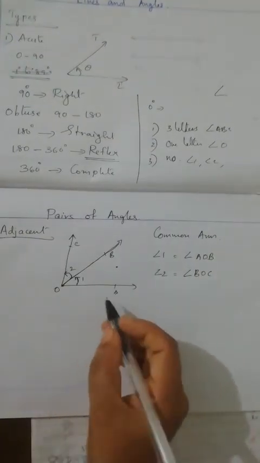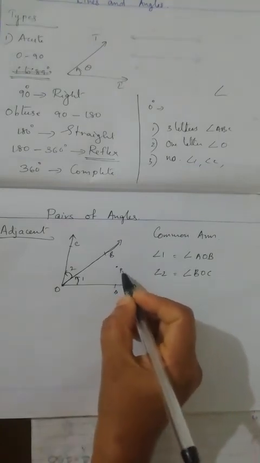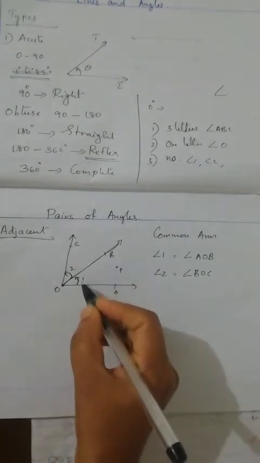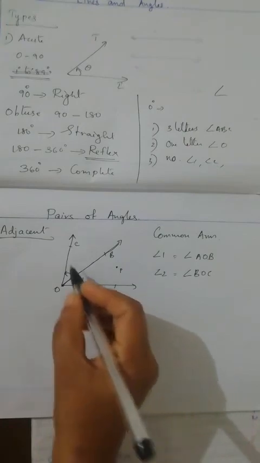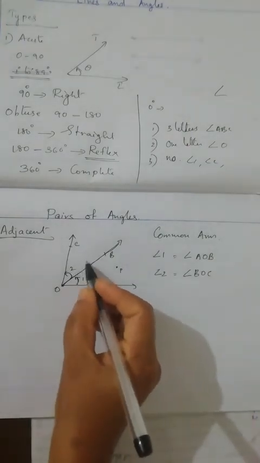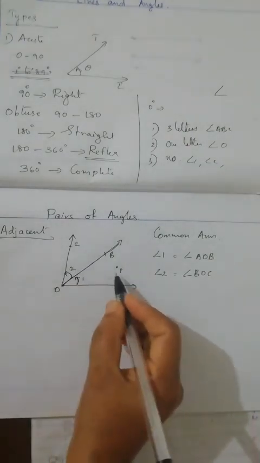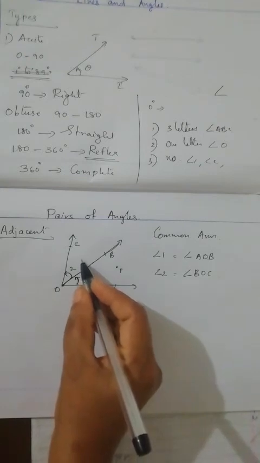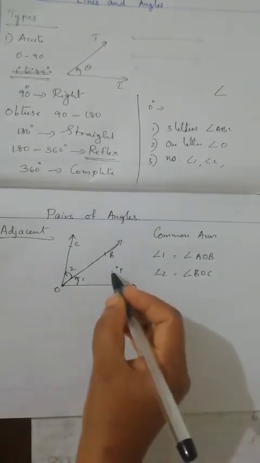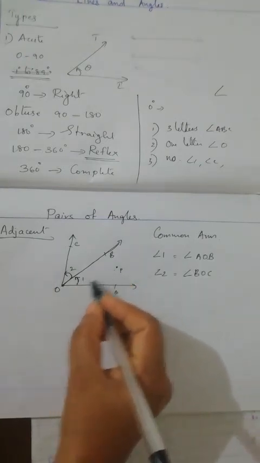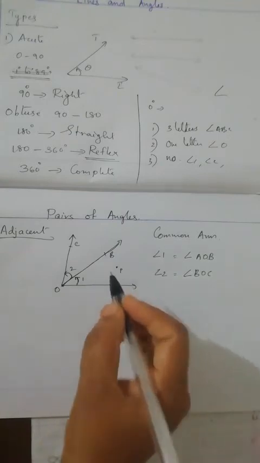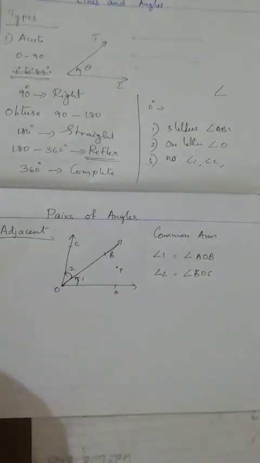Here I am taking a point P. P is in the interior of angle 1, but angle 2 is outside of it. So P is not inside angle 2; it is only inside angle 1. This type of angles we call adjacent angles.